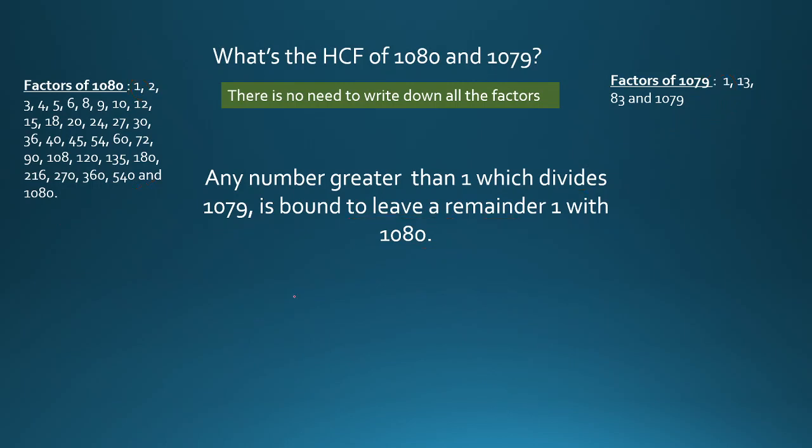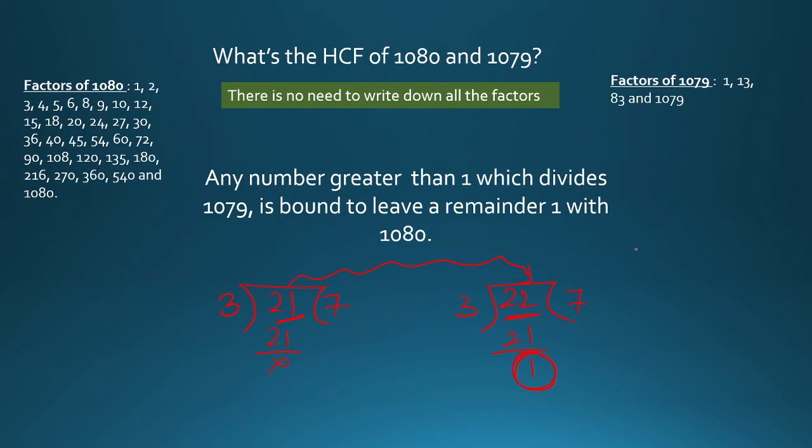Let's see one more example. Let's say 3 divides 21. Then if you have 22, because this number is just 1 greater than 21, you will have a remainder for sure. This remainder is 1.